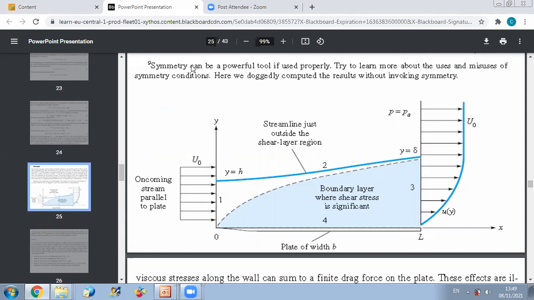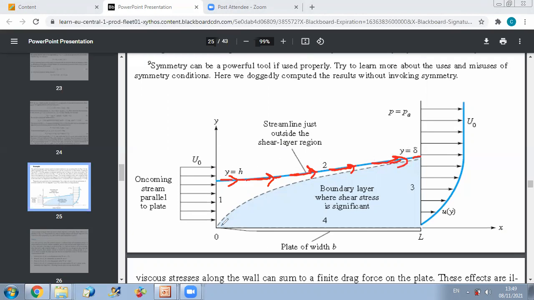Why? Because at this level, this line, you selected your control volume in a smart way, such that this line is a streamline outside of the shear layer region. Why did we do this? Because when you take the line of your control volume as a streamline, the fluid along this line is tangent to the streamline. So velocities will not be able to cross the control volume, and this will simplify your analysis because here you will not have a crossing flow.